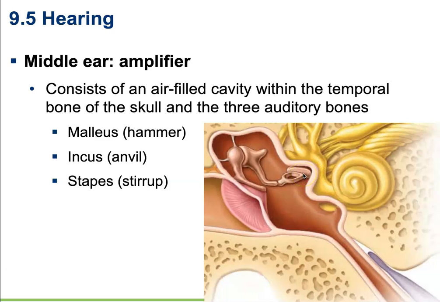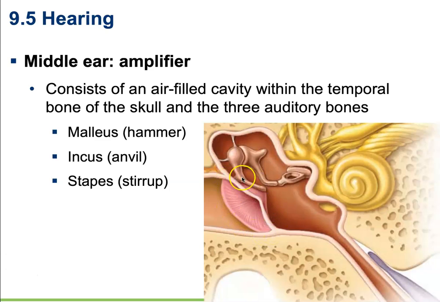Now, the middle ear bones are going to convey airborne sounds from the eardrum to that oval window. The oval window is a sheet of tissue at the entrance of the inner ear. Now, the force of the eardrum's vibrations is going to be amplified 22 times in the middle ear, because we're transferring that vibration from air to fluid. And this occurs because the eardrum is much larger than the oval window.